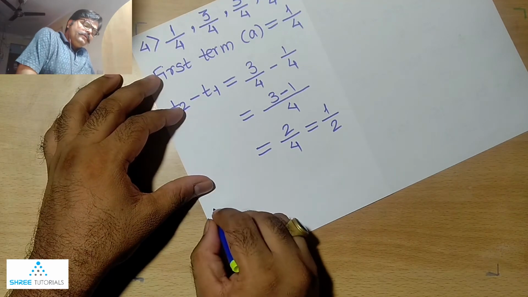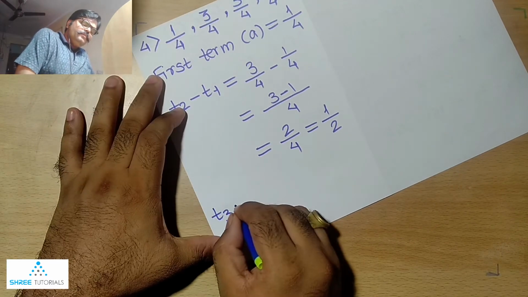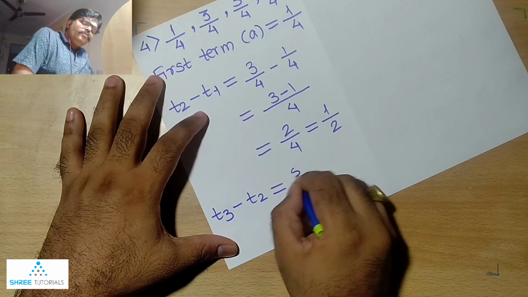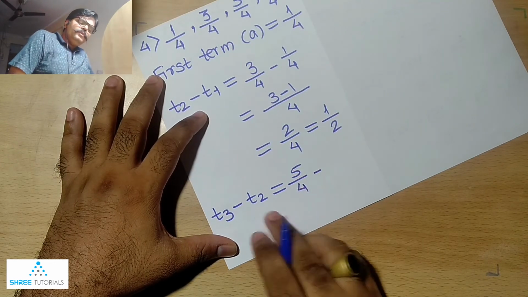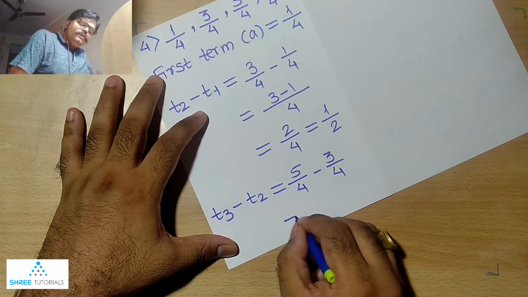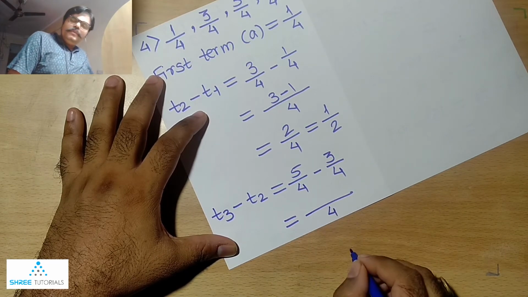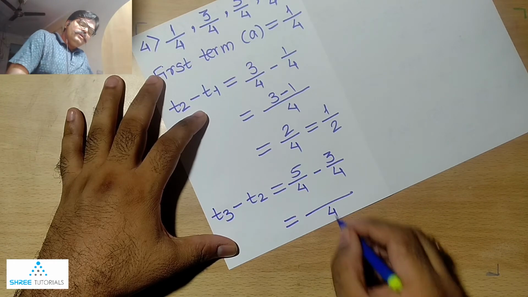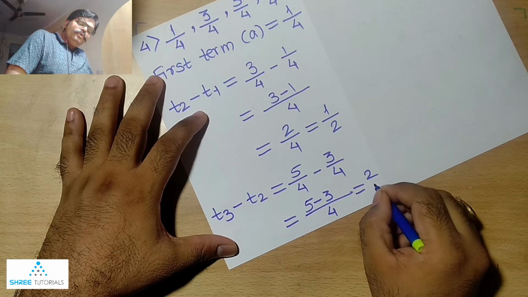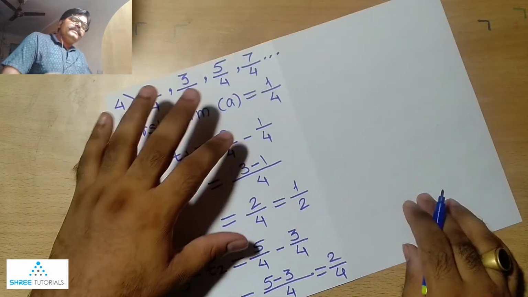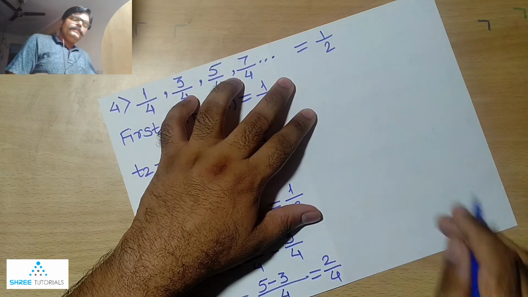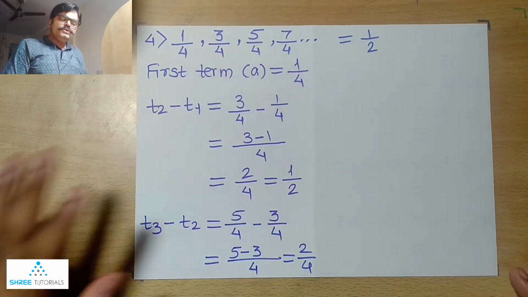Similarly, T3 minus T2. T3 was equal to 5 divided by 4 minus T2. T2 is 3 divided by 4. Here as well I am taking the denominator as common, that means 4. 5 minus 3 will be equal to 2 divided by 4 itself, that means 1 divided by 2. This is the difference so far.